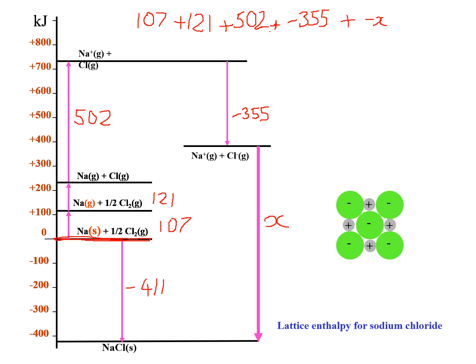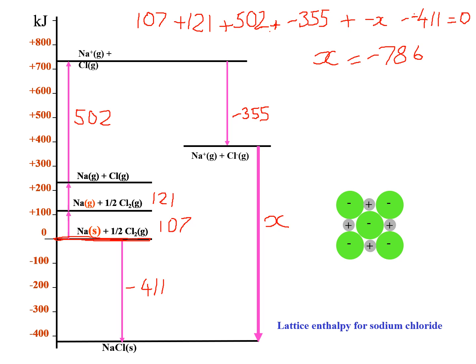And then lastly, you're going against the enthalpy of formation arrow, so it's minus 411. So minus 411, and all of that equals 0. And therefore X must be, when you work it out, minus 786.